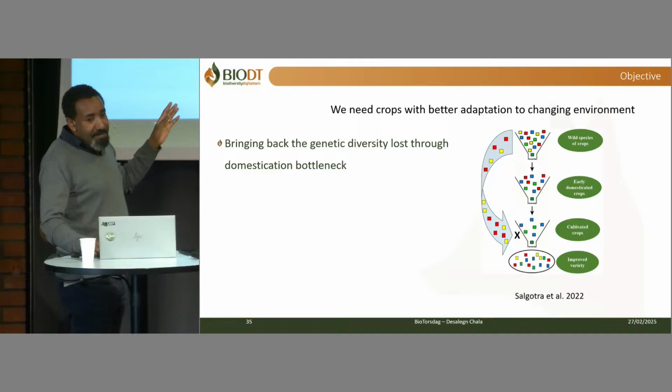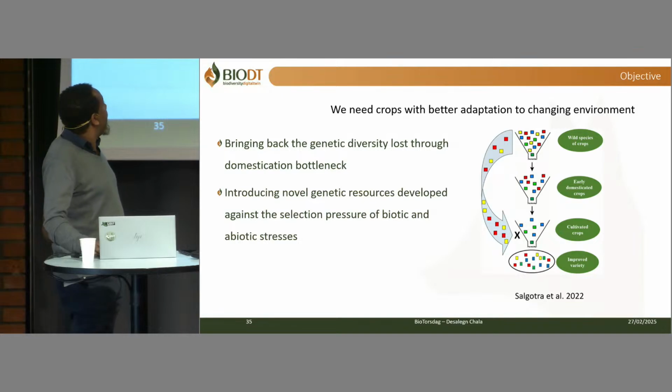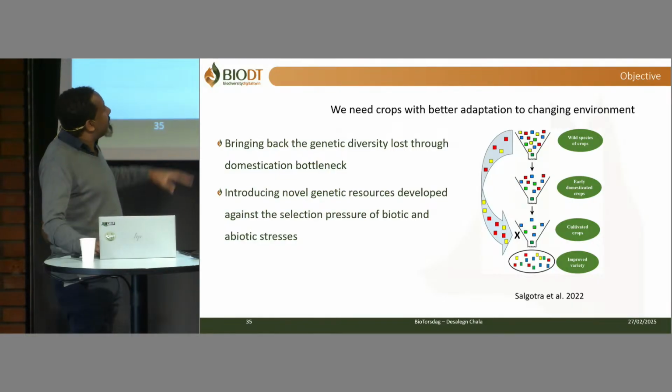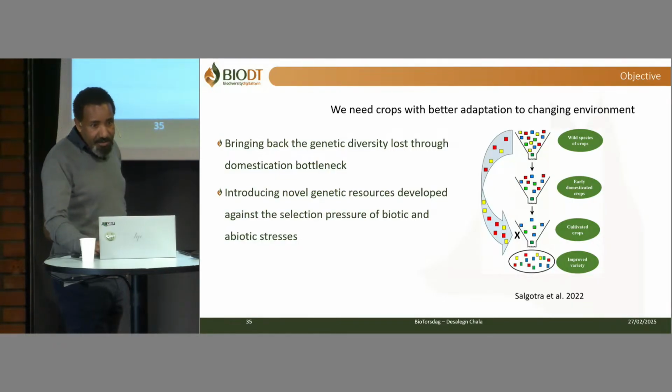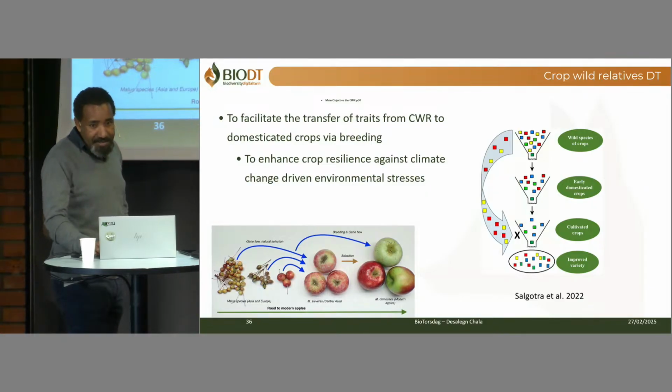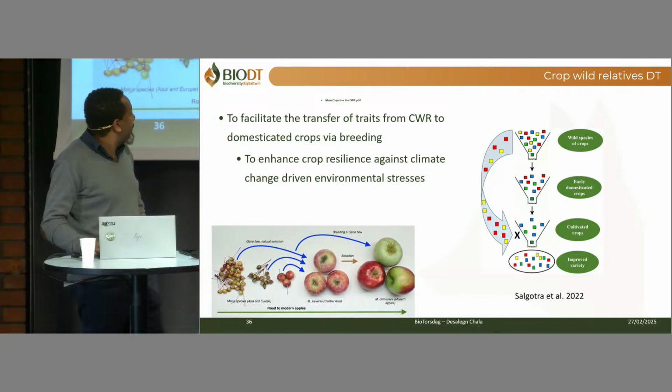So the aim is, one, to bring back the genetic diversity lost through the domestication bottleneck, and the second objective is to introduce novel genetic resources developed against selection pressure. These are the two aims of the digital twin we are building. The aim is to facilitate the transfer of traits from crop wild relatives to domesticated crops in order to increase the resilience of our crops.